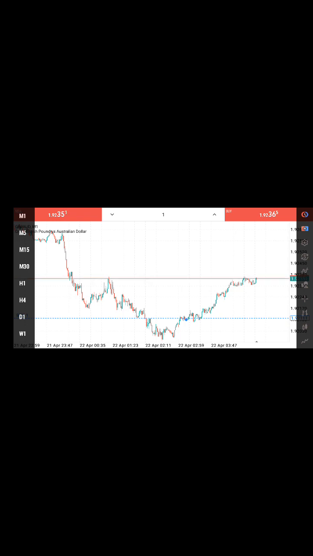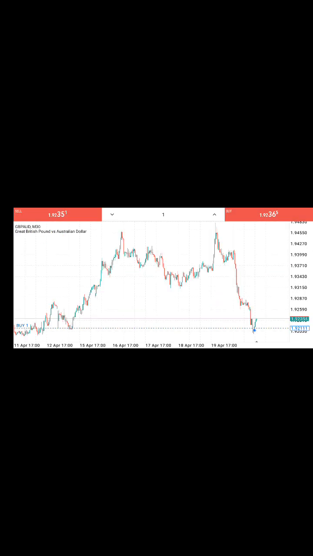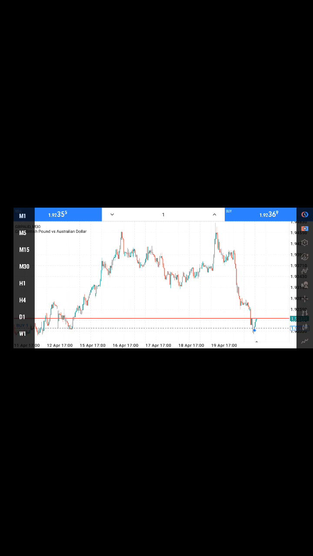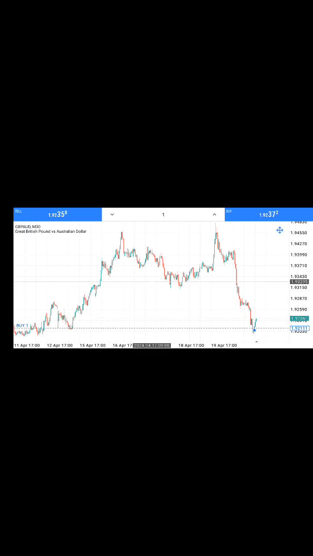So let's just start from the 30-minute time frame. As you can see, these are GBP, AUD, AUD, GBP, AUD.